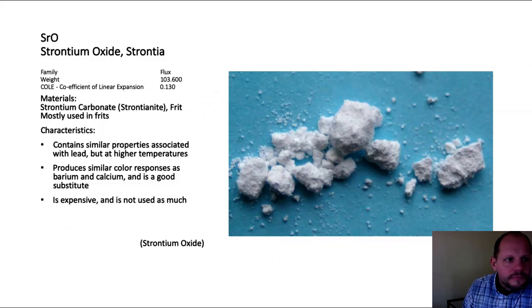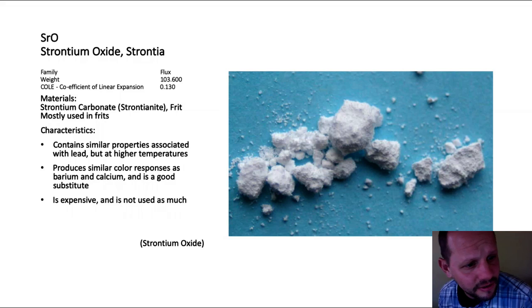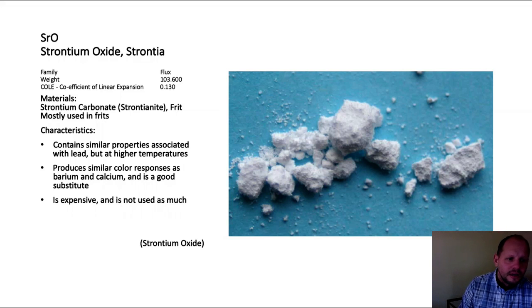Okay. All right, strontium oxide, don't really use it a whole lot. You find it in frit. Strontium carbonate is its main source. It contains similar properties associated with lead, but at higher temperatures. It is not toxic like lead, so you could use it for really strong color responses. And it's said to be a good substitute for calcium and barium.